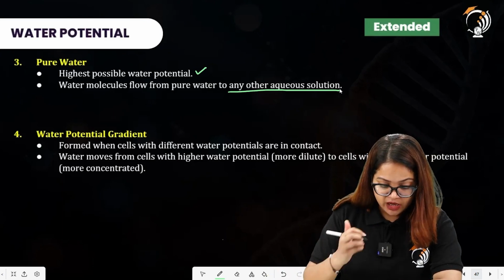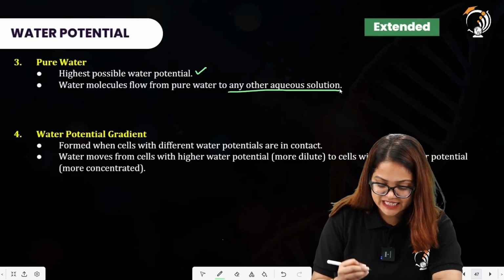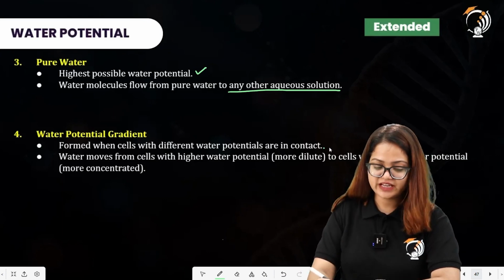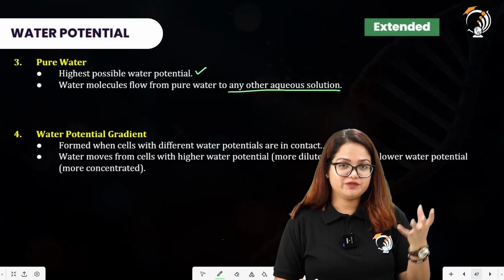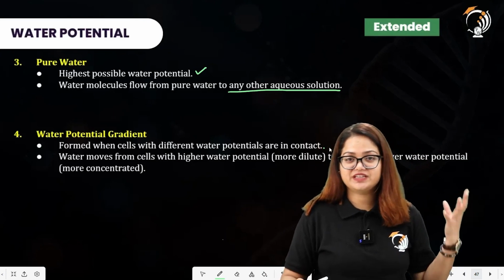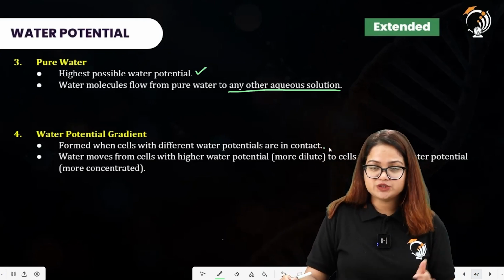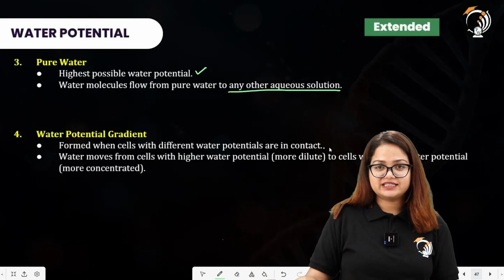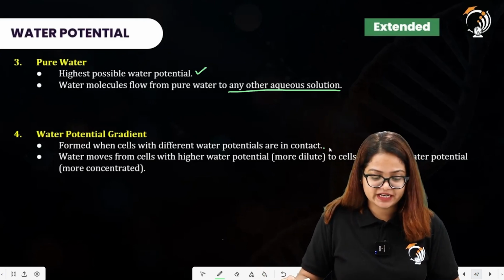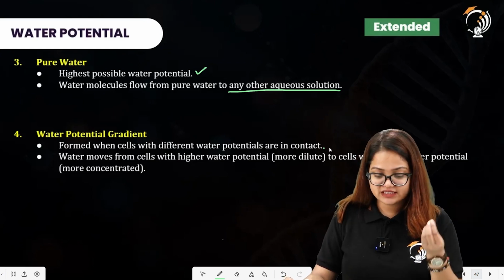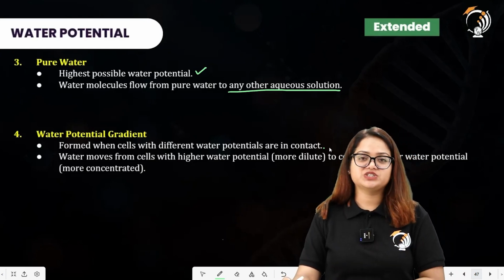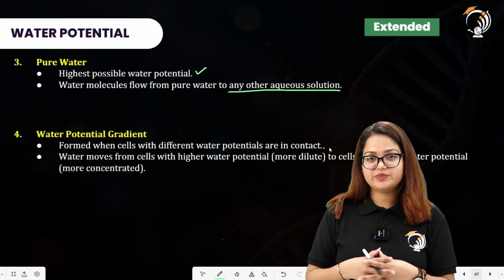It is formed when cells with different water potentials are in contact. So, it is the same as when we talked about the diffusion concentration gradient. Whenever there is a difference of molecule concentration, we can say there is development of a concentration gradient. And the water potential gradient is when cells with different water potentials are kept in contact with each other.